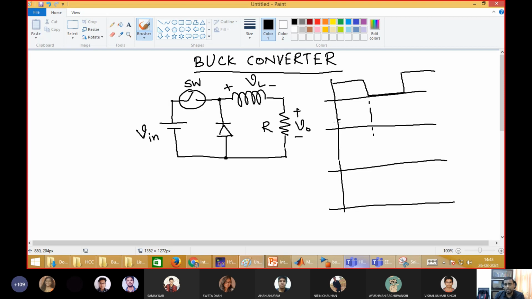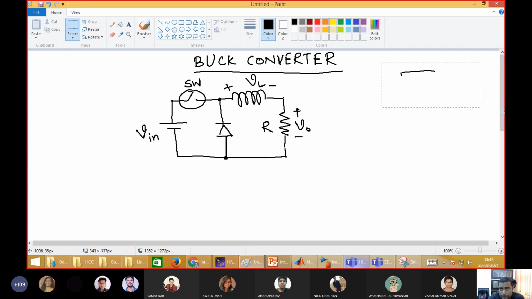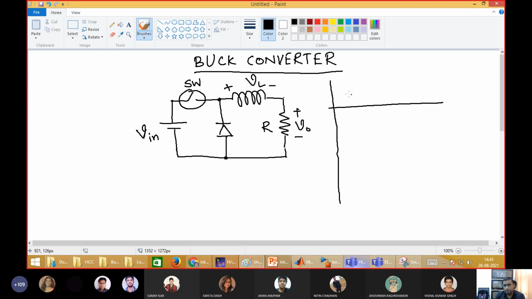One thing I forgot to tell you. Here this inductor is carrying a current like this. On period, off period, on period.